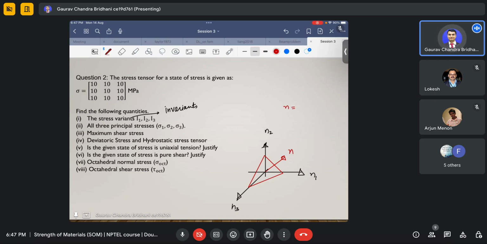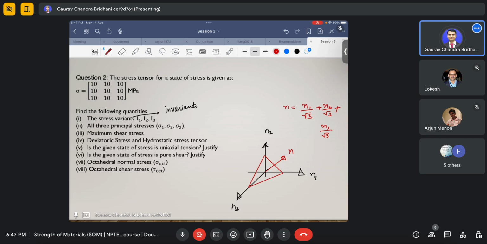If this n is n1 by root 3 plus n2 by root 3 plus n3 by root 3, so the n vector will be equally inclined from the principal directions.